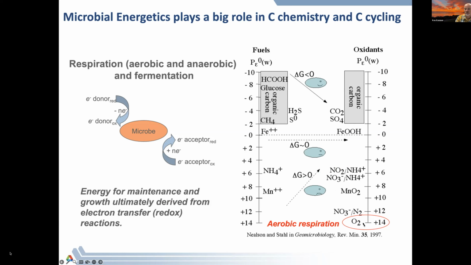It has the steepest drop, meaning it has the most energy available for respiration for the organisms, for aerobic respiration. But after that, all the other respiration electron acceptors, all those different oxidants, are anaerobic respiration, which are quite unique with microorganisms, living structures.